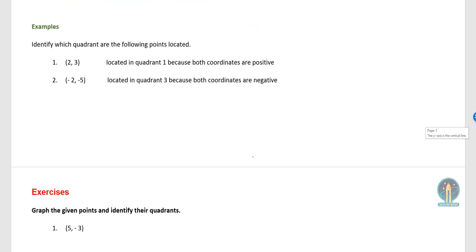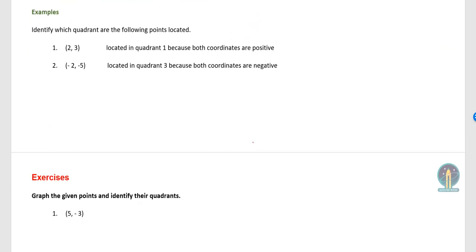Let's look at some more examples. Identify which quadrant the following points lie in. So 2 and 3. Remember, both of them are positive, so that would be quadrant 1.